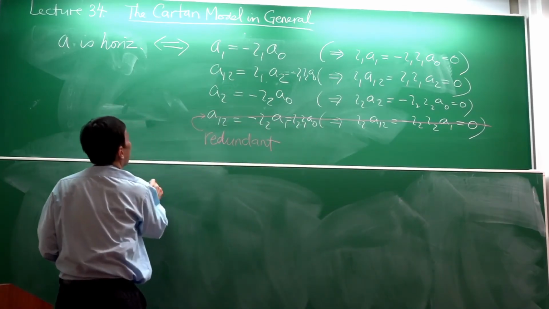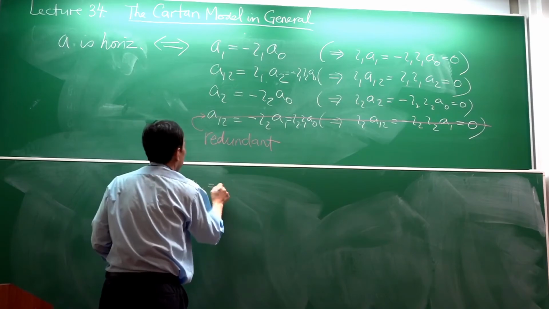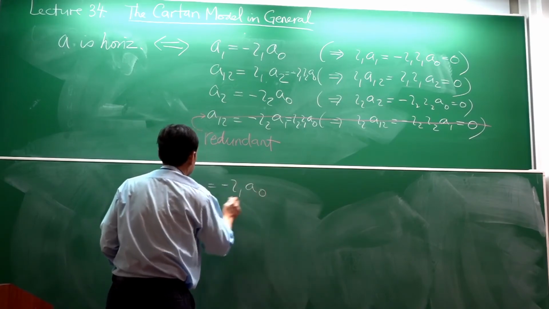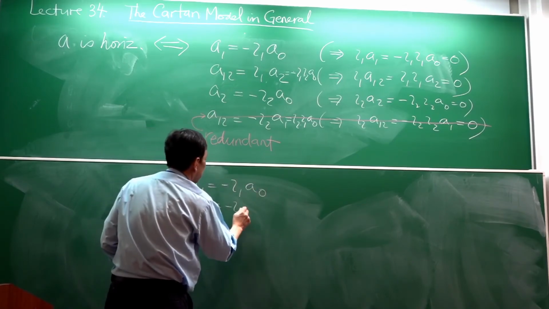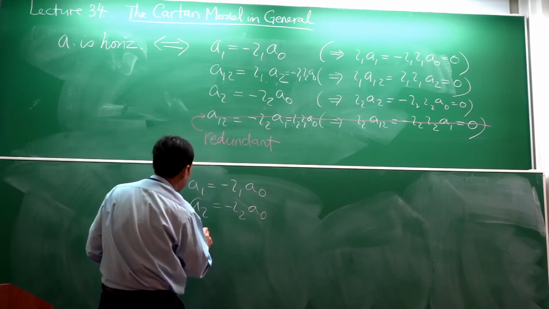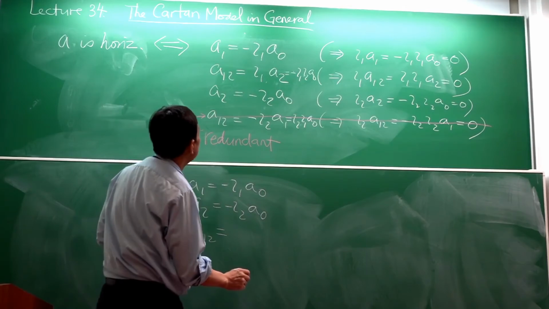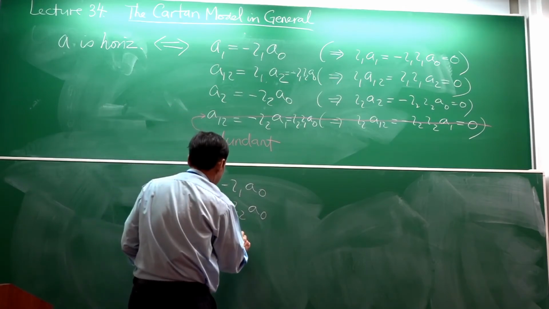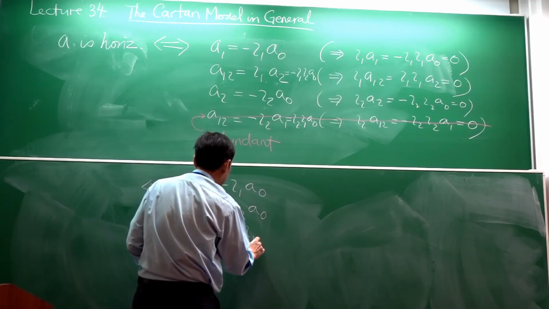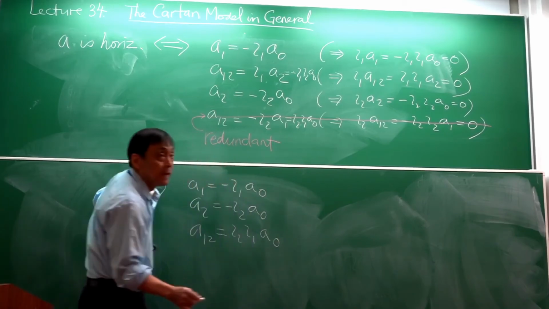So A1 is minus I1 A0, A2 is minus I2 A0, A12 is I2 I1 A0. Okay?